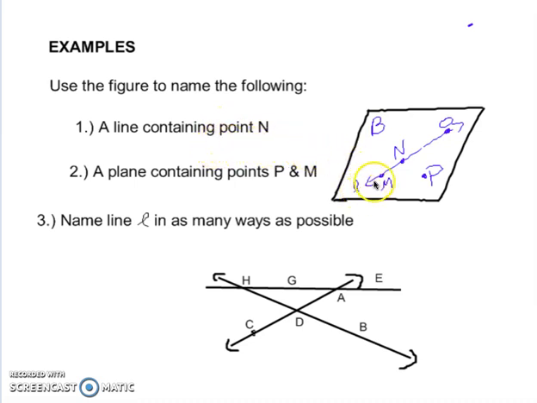You can see over here we have a line. This would be line L. You can see it's represented by a lowercase letter, and that line contains point N, which you can see there.